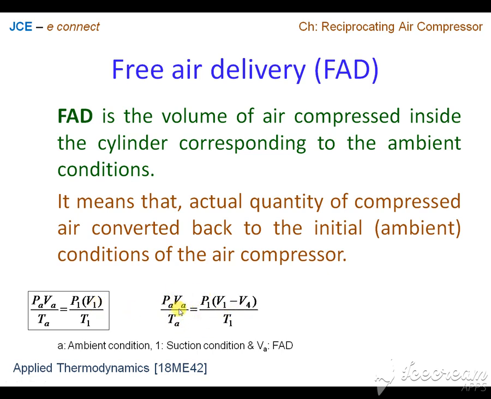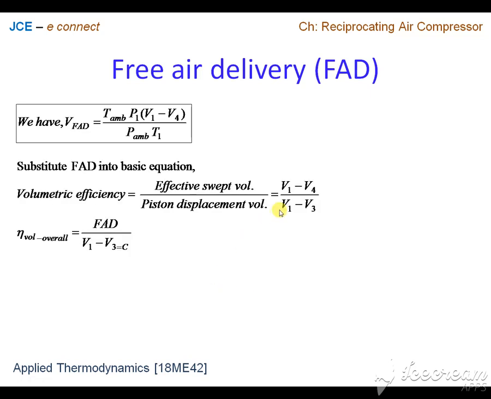Then representing the same equation in terms of VA, which represents free air delivery, we get the equation in a reduced form as shown here. Now plugging in this equation into the main volumetric efficiency, by definition we get the equation of this kind. Now replacing free air delivery, which we obtained previously, into this equation, it gets reduced further to this kind.